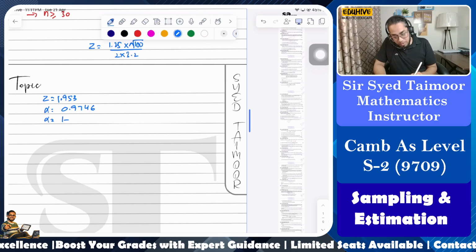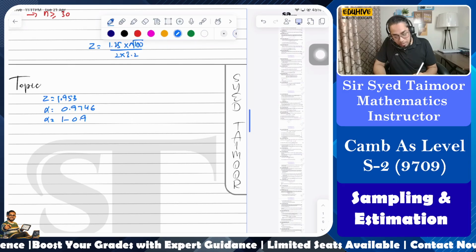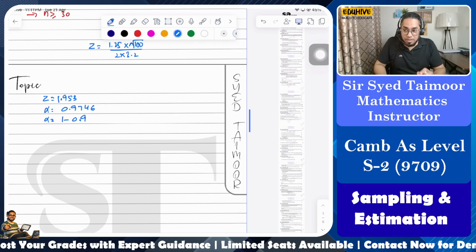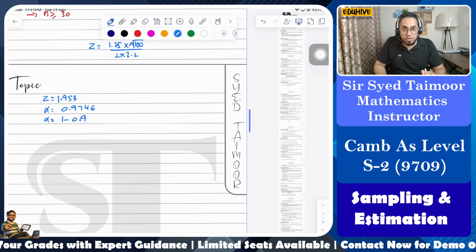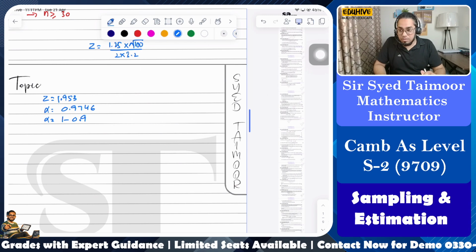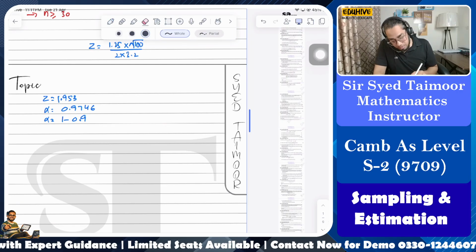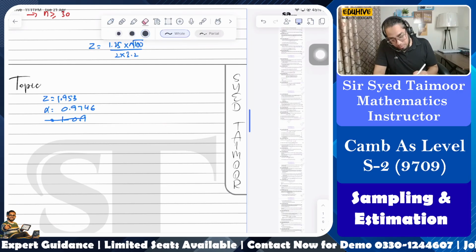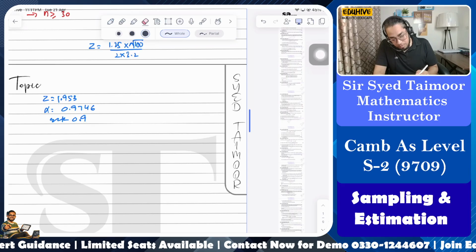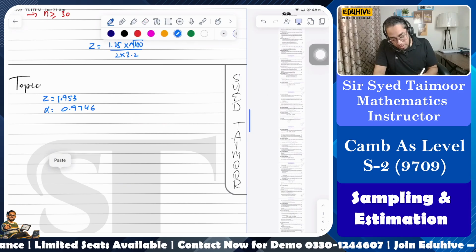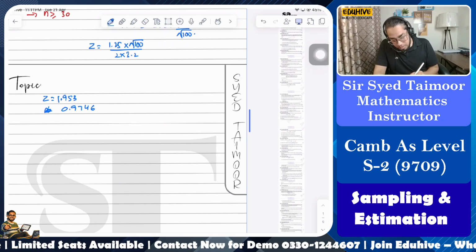Alpha will be 1 minus 0.9, and 1.953 is exactly this one, 0.9746, no? Okay, just a second. See this one. So this is your alpha. This is not alpha exactly. It's a value of z.